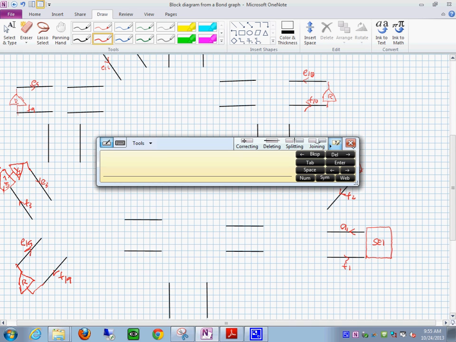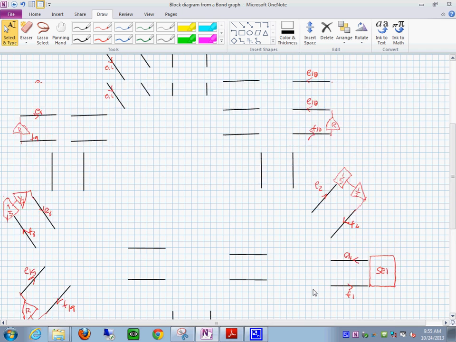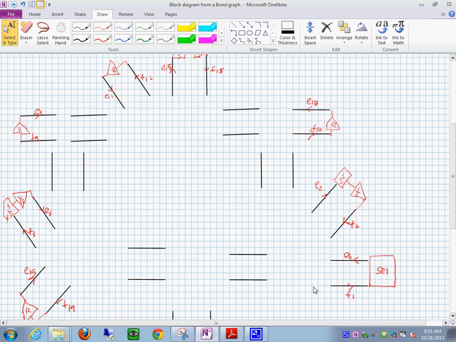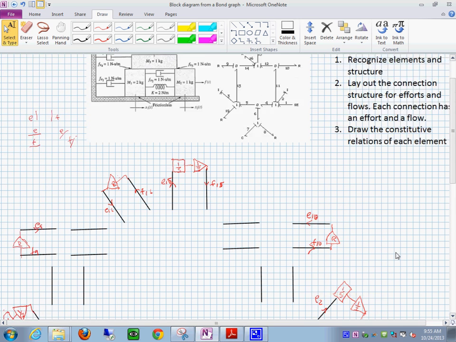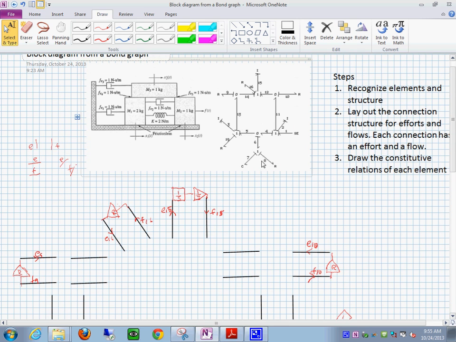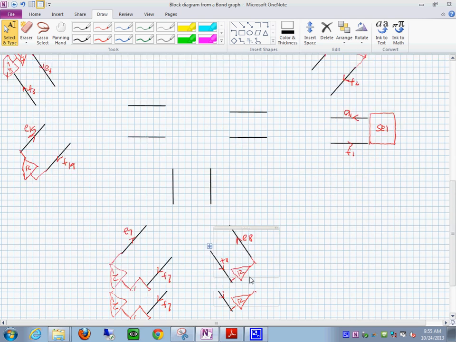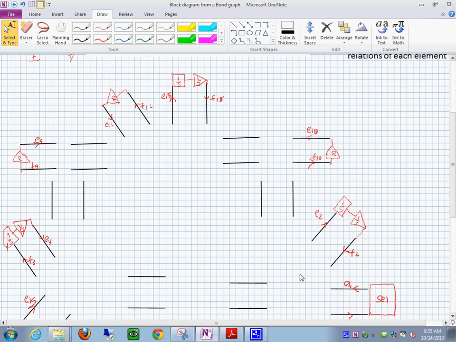So what we have right now, let's make an evaluation of what we have. We have the skeleton of the bond graph model, of the block diagram. We have the constitutive relationships of each element. We have drawn those.